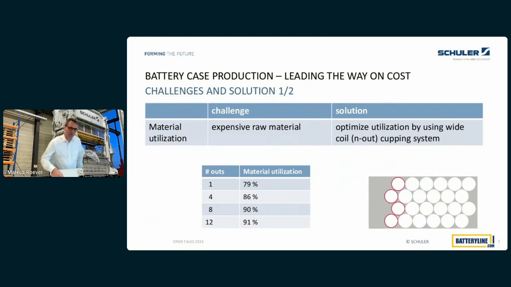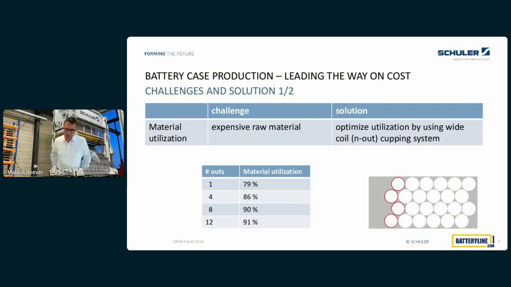Here's one example, material utilization, where we are facing an expensive raw material. This could be the nickel-plated steel for a cylindrical can, or aluminium for prismatic.